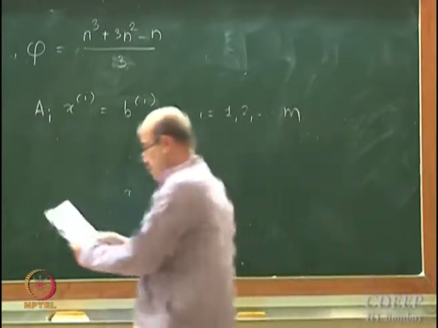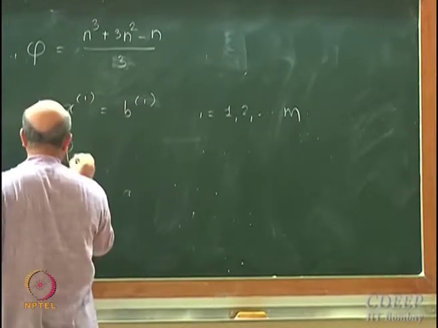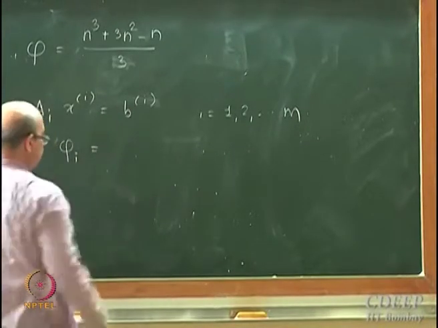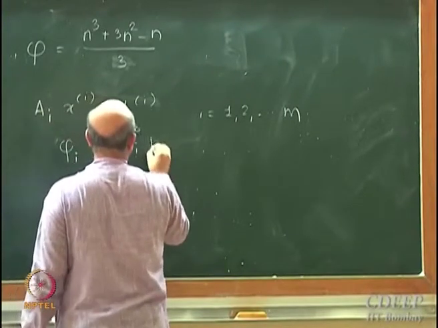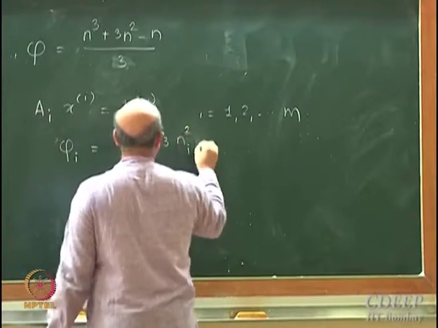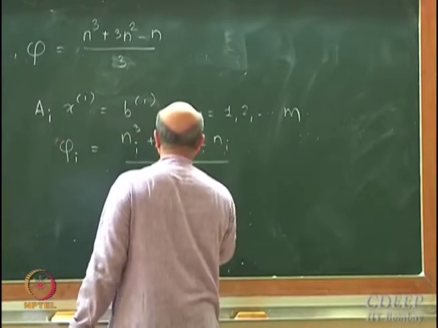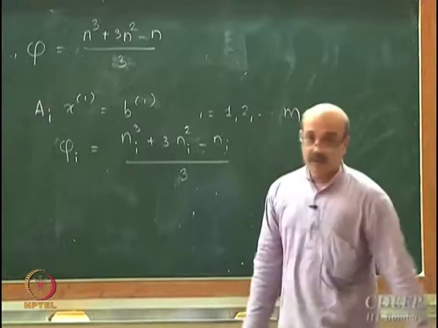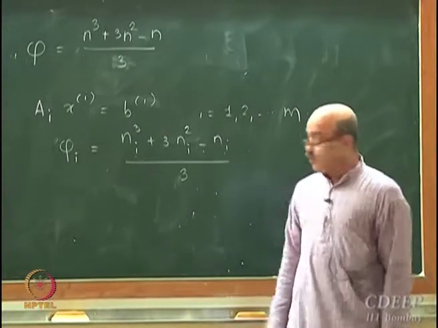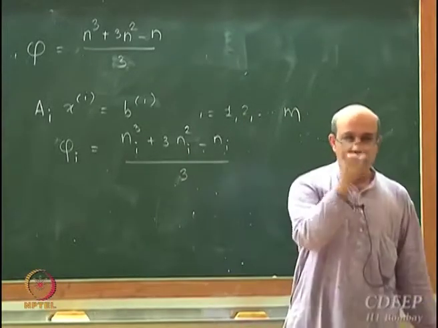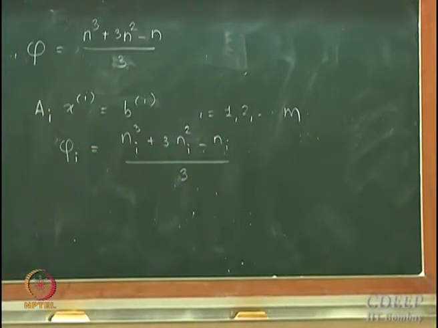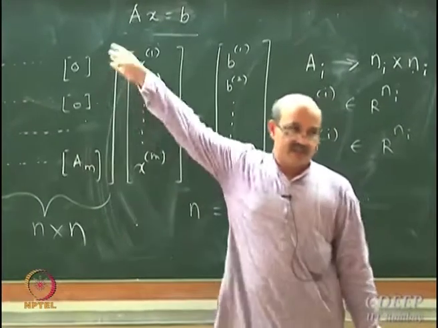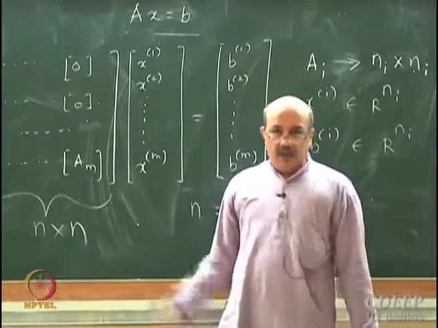Now what is psi i here? That will be (ni cube plus 3 ni square minus ni) by 3, right? These ni are 3, 4, 5, smaller dimensional matrices, whereas this matrix is a large matrix which has a large number of rows and columns.